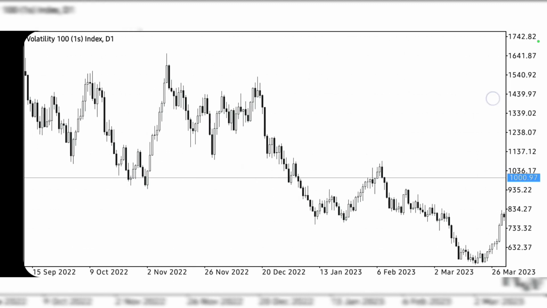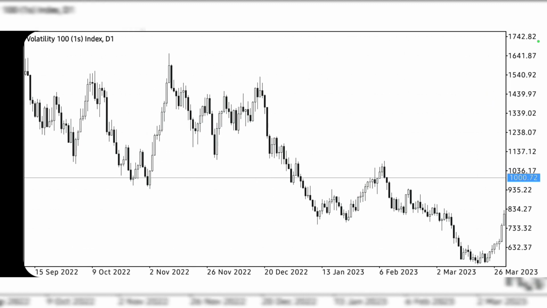You are only expecting the market to react at any area. You are not expecting the market to react at a particular point, especially if you are a synthetic trader. If you are waiting for the market to react at a particular point, you might wait for long. Number one, the market might not react from there. Number two, the market can just use that place as a reaction point and still blow it off.